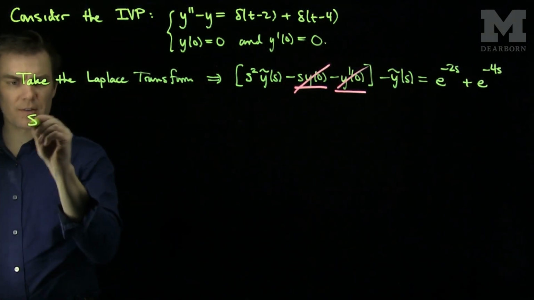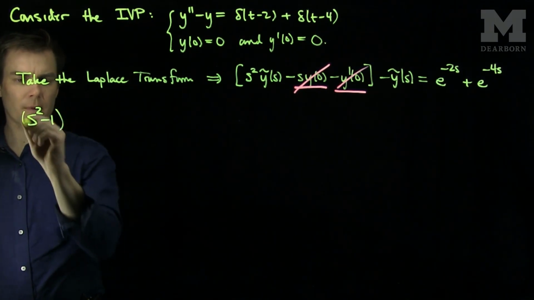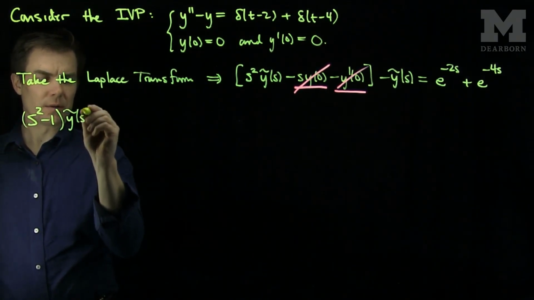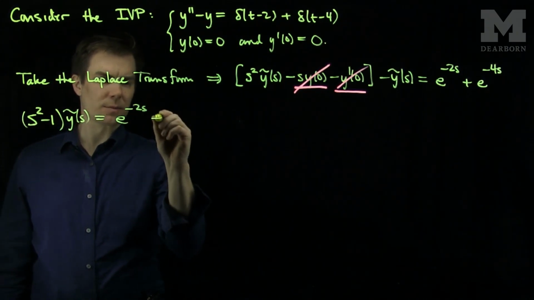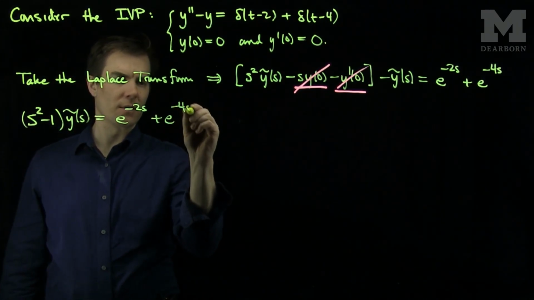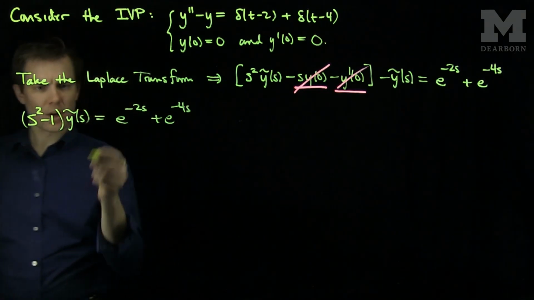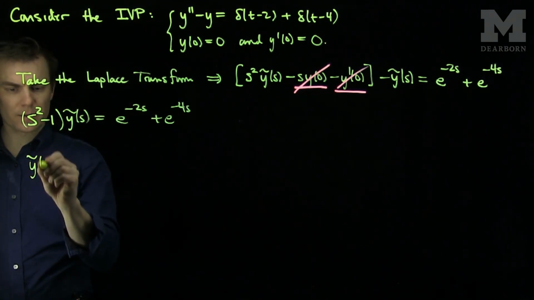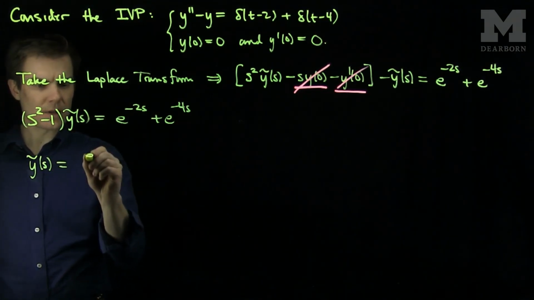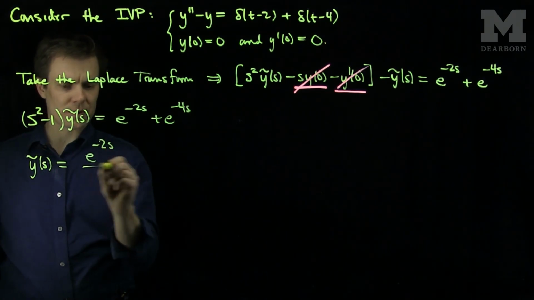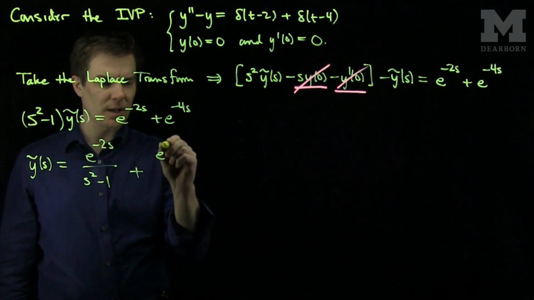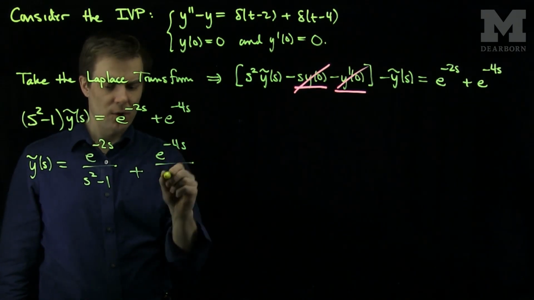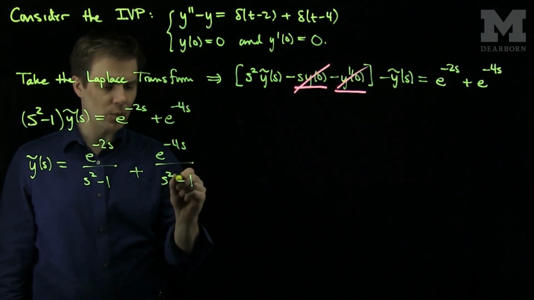So to factor my equation, I have s squared minus 1 applied to y tilde of s is equal to e to the negative 2s plus e to the negative 4s. Solving, I can conclude that y tilde of s is e to the negative 2s over s squared minus 1 plus e to the negative 4s over s squared minus 1.